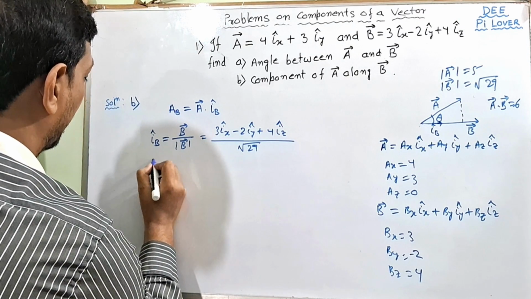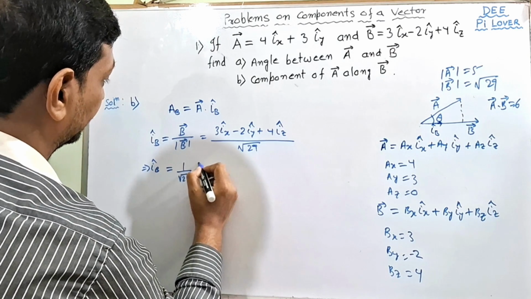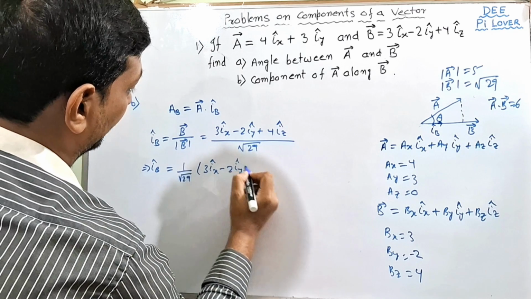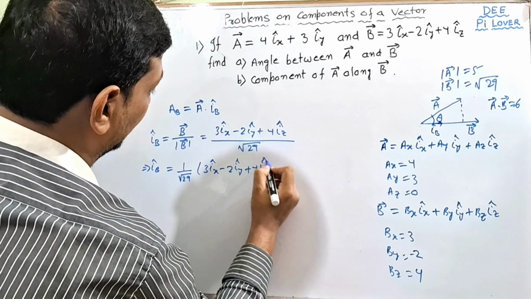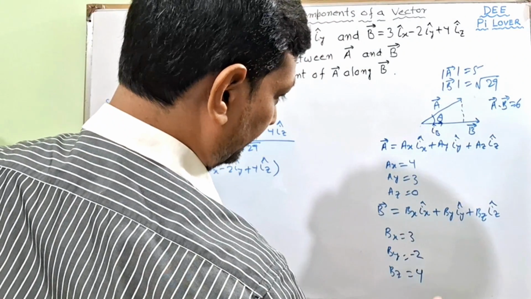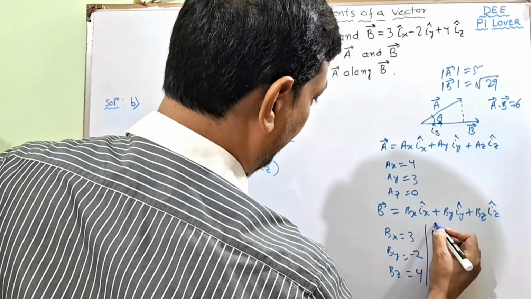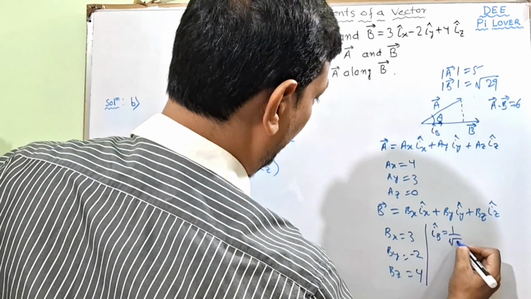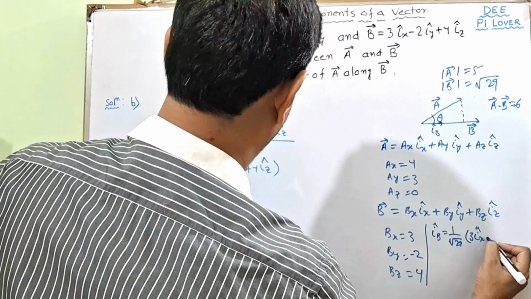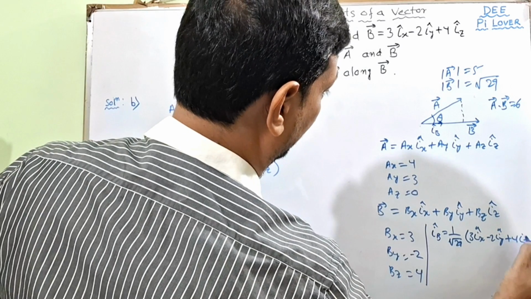Then IB unit vector equal to 1 by root 29 times 3 IX minus 2 IY plus 4 IZ unit vector.